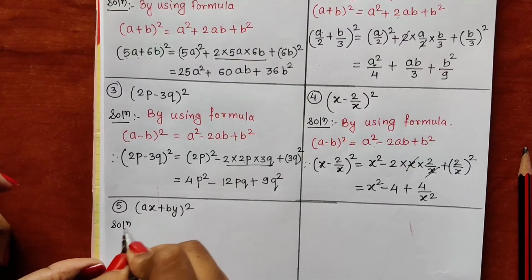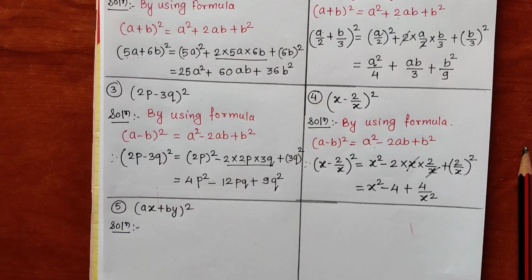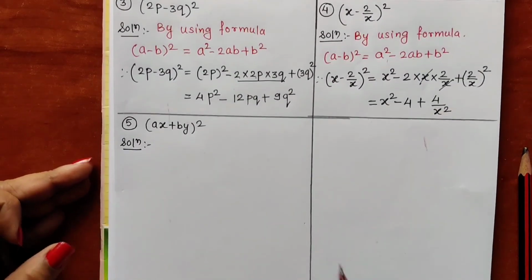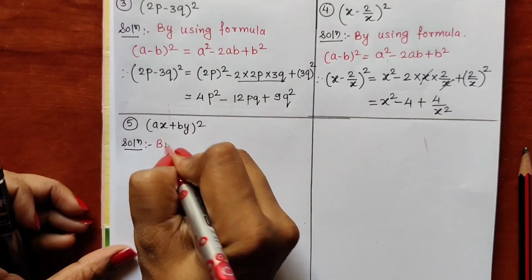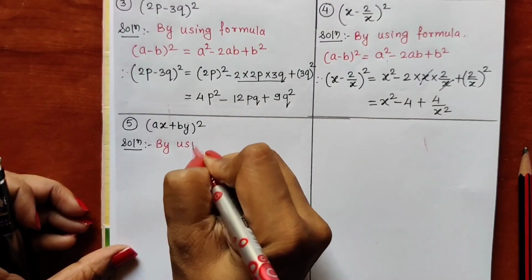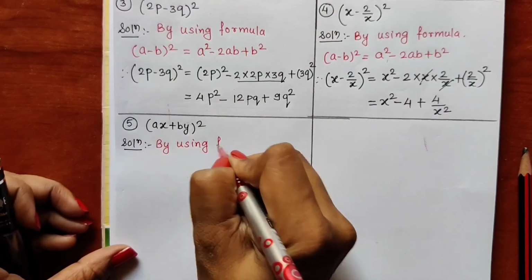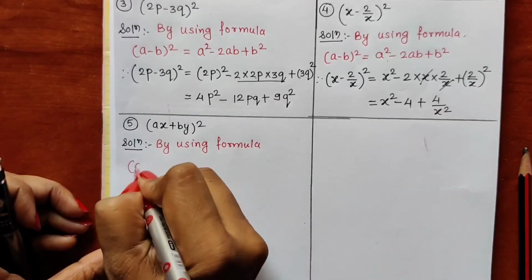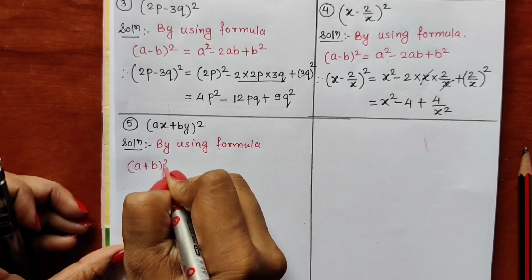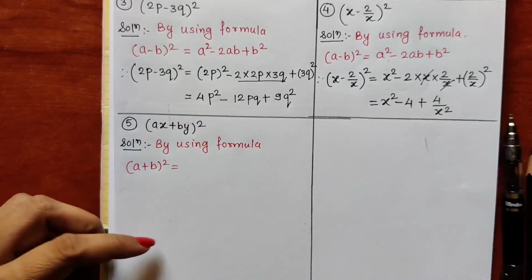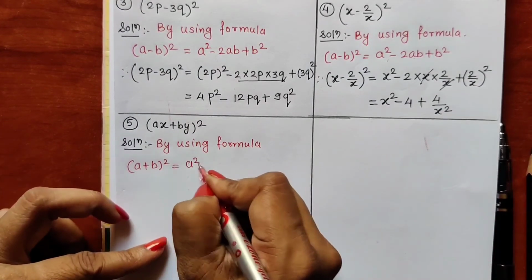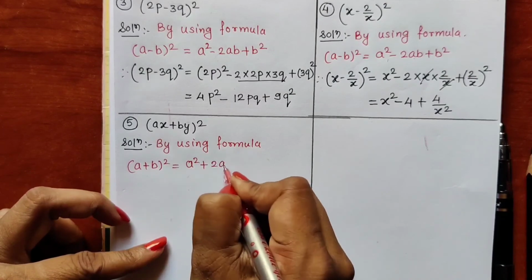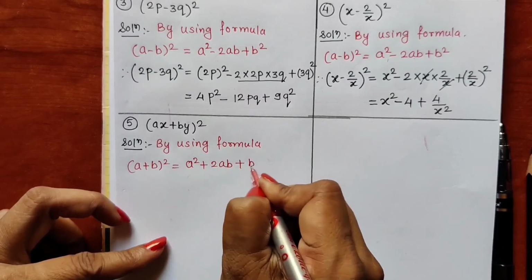So we start the solution by using the formula. Now again plus sign is there, so we write the formula of (a plus b) whole square is equal to a square plus 2ab plus b square.